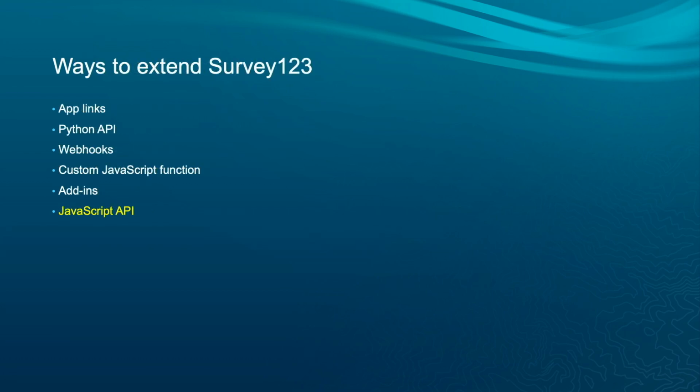In Survey123, we provide various ways to extend Survey123. Like you can use app link in the mobile app, to jump to another app and finish your workflow. We also have a Python API. You can write a Python script to publish the survey, share the survey, or create the survey. We also provide a webhook. You can use Microsoft Power Automate or Make to design your own workflow in their application, and you can have a listener in the webhook.